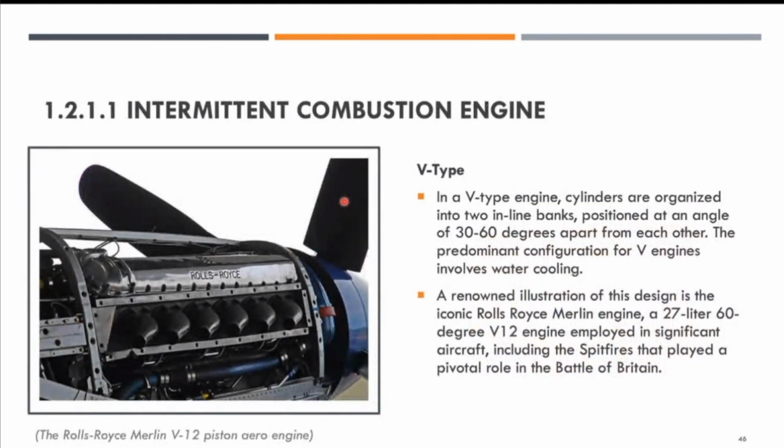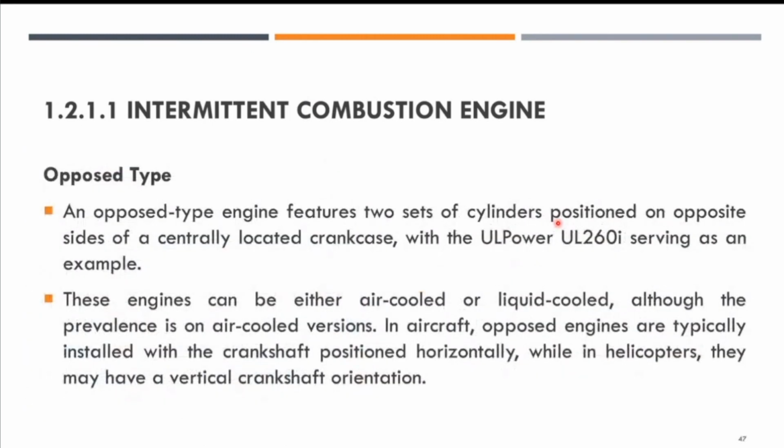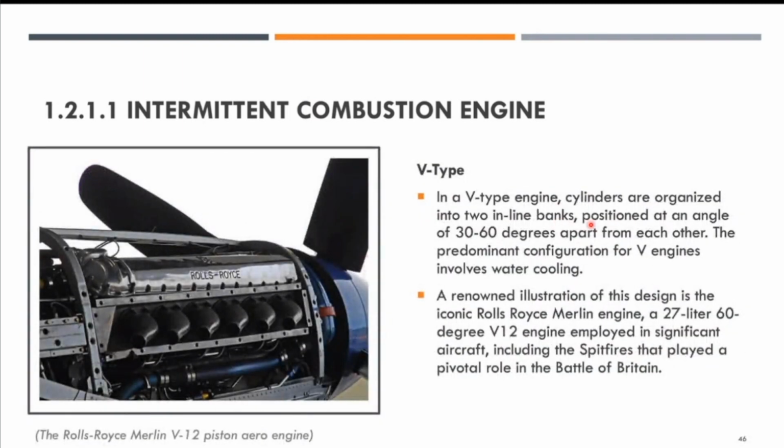Then we have the V-type engine. The picture shown here is the Rolls-Royce Merlin V12 piston aero engine. The V-type engine is also a piston engine, which has cylinders organized in two inline banks, positioned at an angle of 30 to 60 degrees.